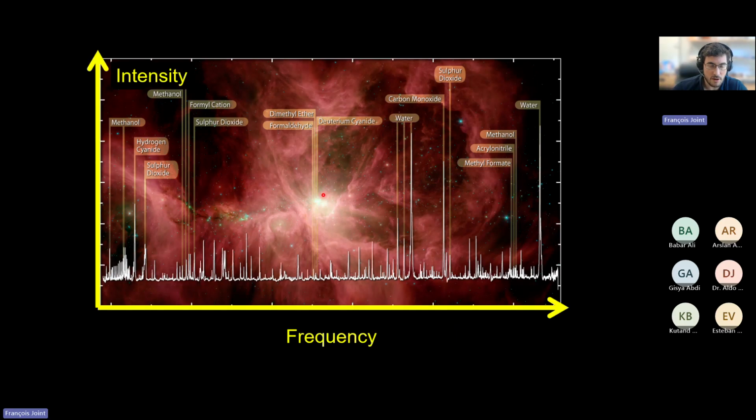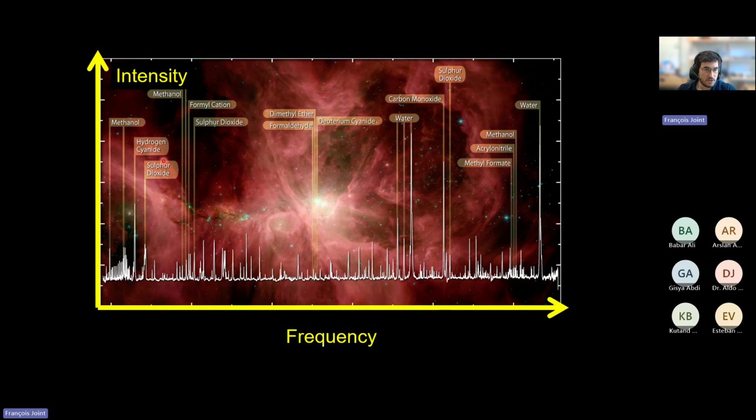A little bit of orientation so you can read a spectrum. On the x-axis, usually we plot the frequencies, or in astronomy, we also plot the velocity, because the Doppler shift tells us the motion along the line of sight. On the y-axis, we plot the intensity.